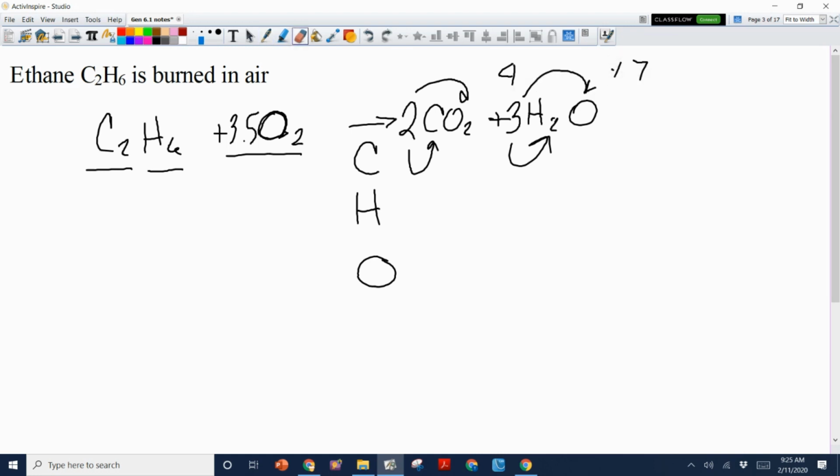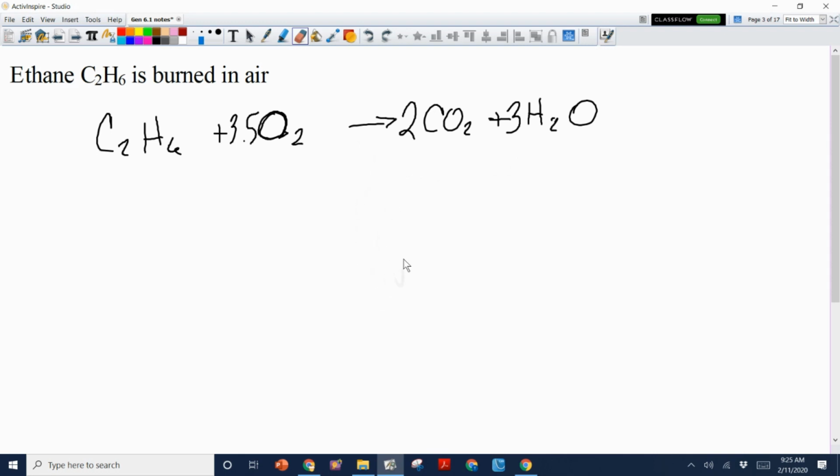So in all technicality, this is a balanced equation, but we cannot have half a molecule. So think math. How can you get rid of a half to make it a whole? Multiply everything by 1 number. That's going to be 2.